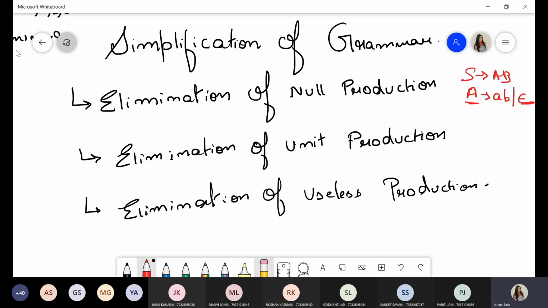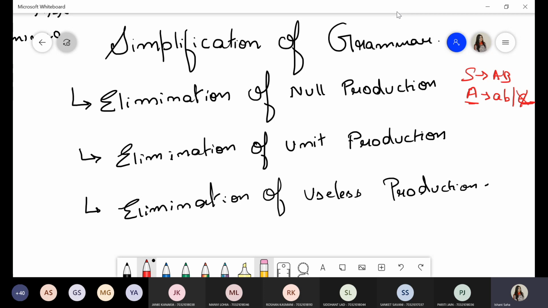Yes, this is what we did. So whenever the start symbol is generating epsilon, or there is a production where S is going to generate epsilon, or after removing the other null productions your start symbol is generating epsilon, that we cannot remove. That has to be there. But apart from that we have to remove all the others, and I'm not saying, Siddhant, that you will directly remove this production.